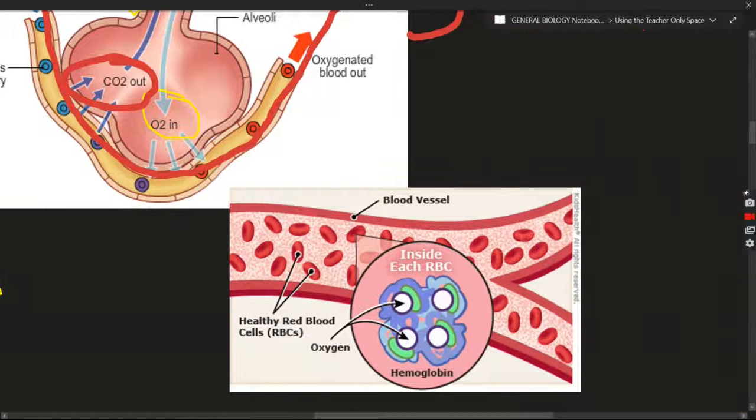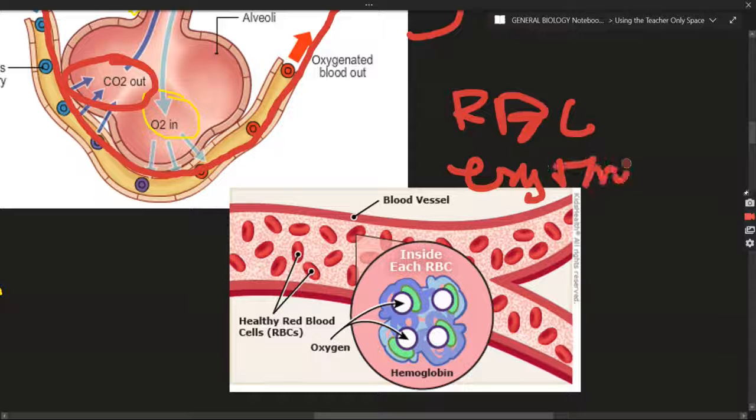Okay, so why is that? How does the oxygen combine with our blood? Our red blood cells are obviously the structures that carry the oxygen. RBC is also known as erythrocytes.